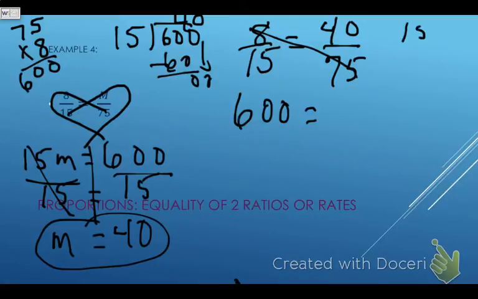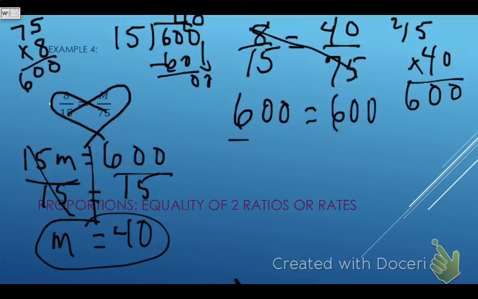Is 15 times 40 600? 5 times 4 is 20. Carry the 2. 4 times 1 plus 2 is 6. Yes, it is. So both of these are 600. Therefore, our solution of m equals 40 will make the ratio or the rate 8 to 15 equivalent to the ratio or rate 40 to 75. They're both equal.